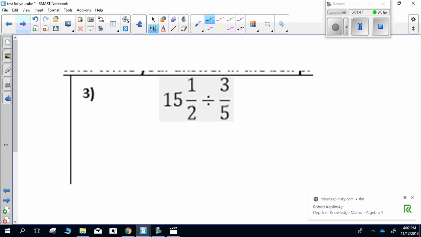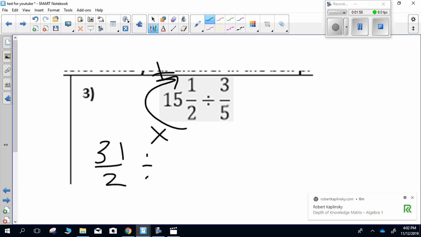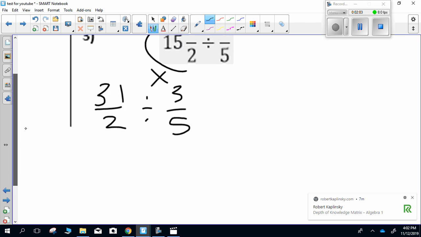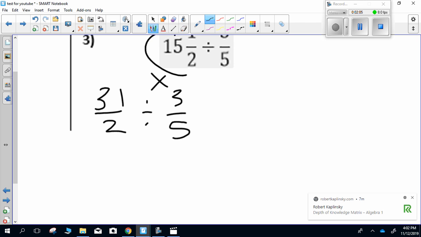Question 3. So the first thing I have to have is a fraction. So I need to change 15.5 into a fraction. So I'm going to multiply and then add. So it's 30 plus 1, so it's 31 halves divided by 3/5. Once again, common denominator. Same numbers as the last problem, so I'm going to use 10.